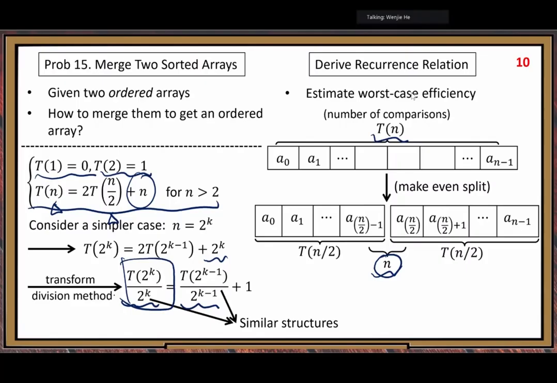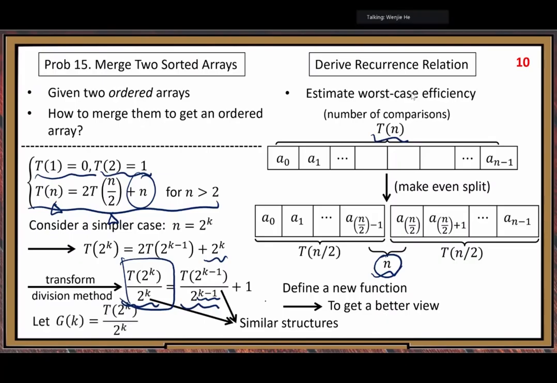Same structure, but with different parameter, right? K and k minus 1, different parameter. So we define a new function to see this recurrence relation better. Now, what's the new function? A capital G function, G of k equals this ratio.